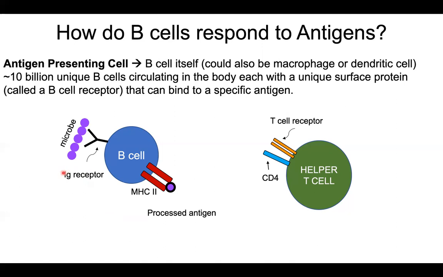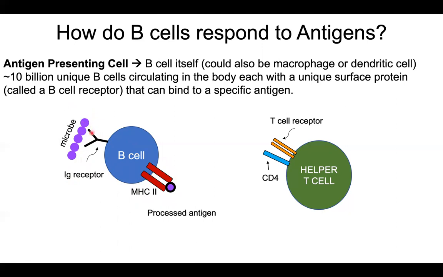So in this cartoon, I've drawn a microbe. Here we have streptococci, like strep throat. And this receptor on the surface, we'll call it an immunoglobulin receptor, abbreviated IG. And remember, MHC class 2 is on the B cell, and I've left out the MHC class 1 because it's not involved in this.